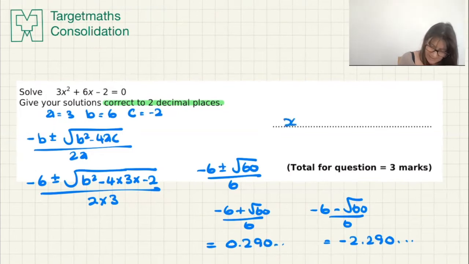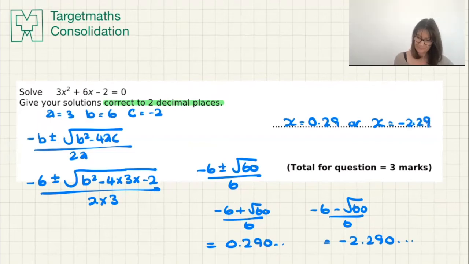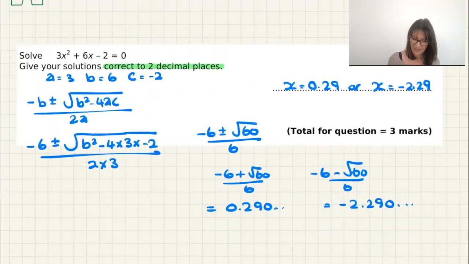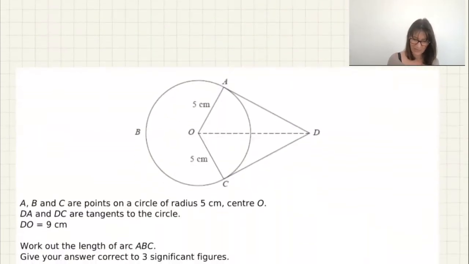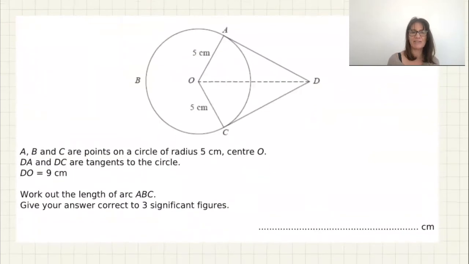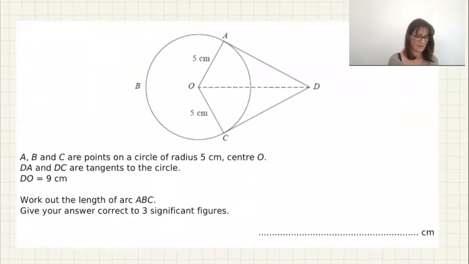So x is equal to 0.29 or x is equal to minus 2.29. Okay, hopefully that quadratic formula is working a treat for you. All right, next question. We have another circle theorem. All right, so press pause and hit play when you're ready.